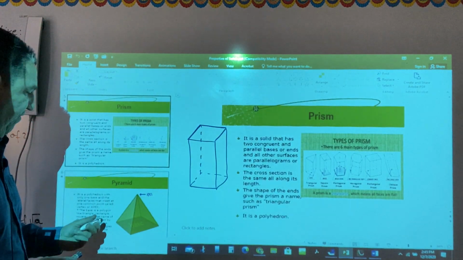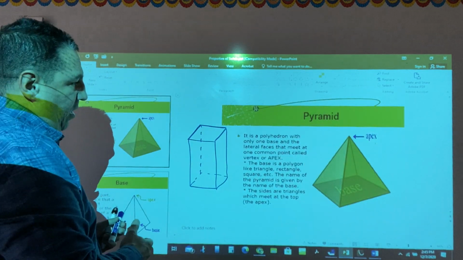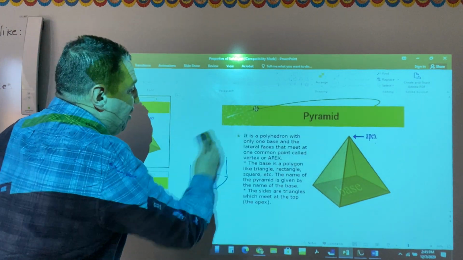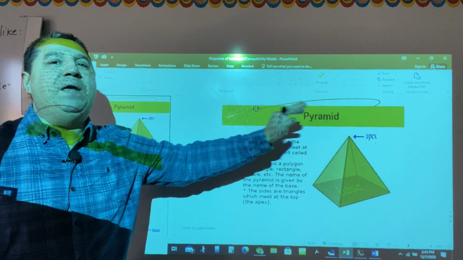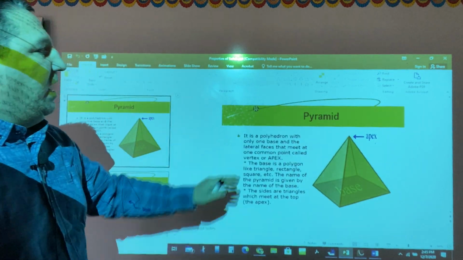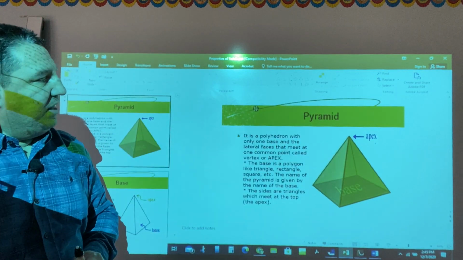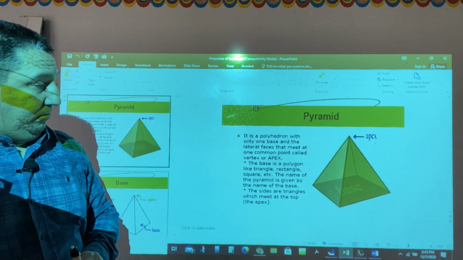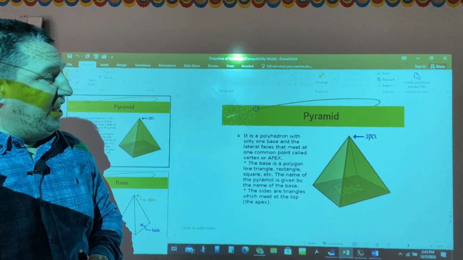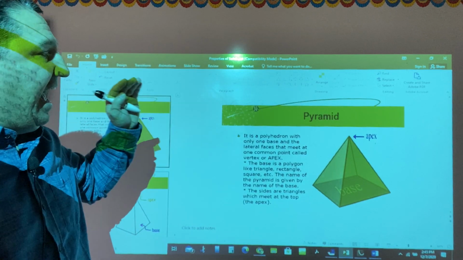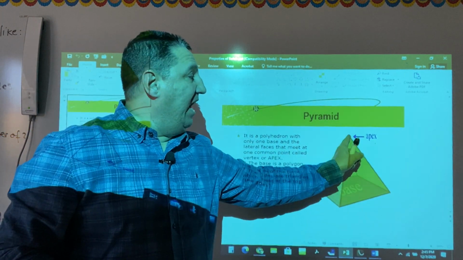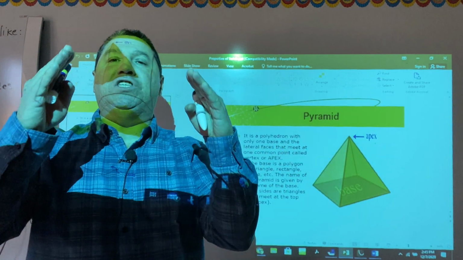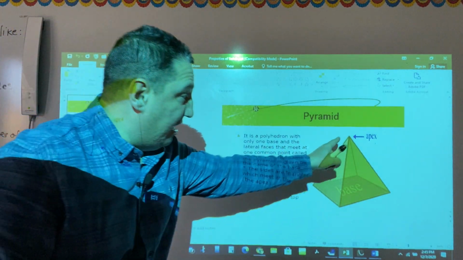Another type of 3D shape or polyhedron is the so-called pyramid. A pyramid is a 3D shape that has only one base, and the other base is reducing to a point, as we can see here.